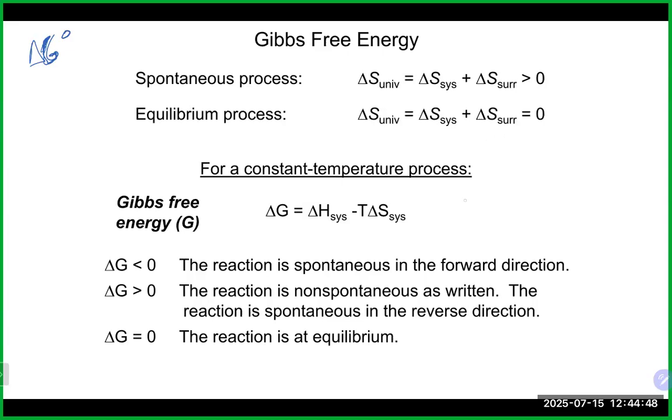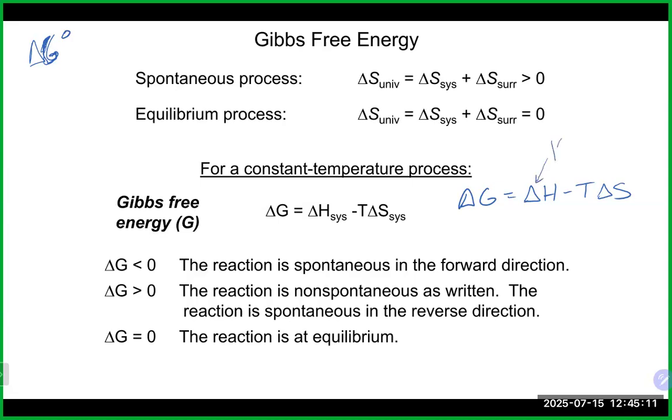So this is one way that you could calculate it here. Delta G is equal to delta H minus T delta S. This is an equation you would use, for example, if you have the delta H and the delta S and you can plug them in here. This is also an equation where, as I mentioned before, you have to be careful of units.